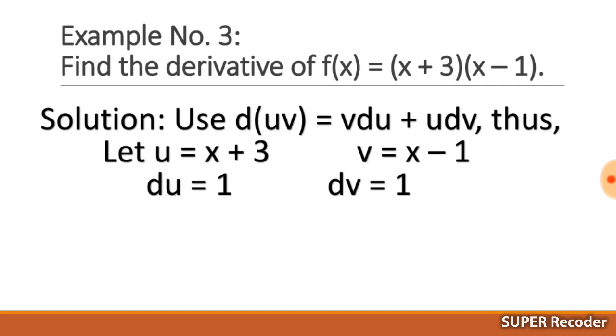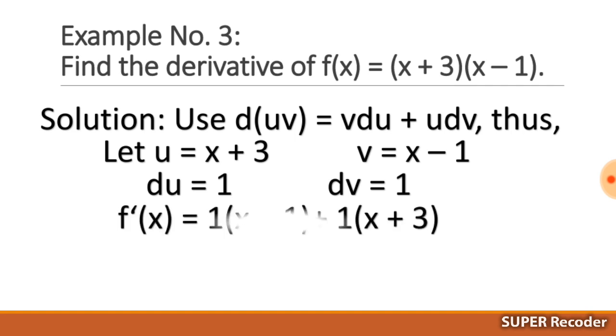So let's apply the rule. This will be 1 multiplied by x minus 1 plus 1 multiplied by x plus 3. This will be the same, because you're going to multiply the function by 1.